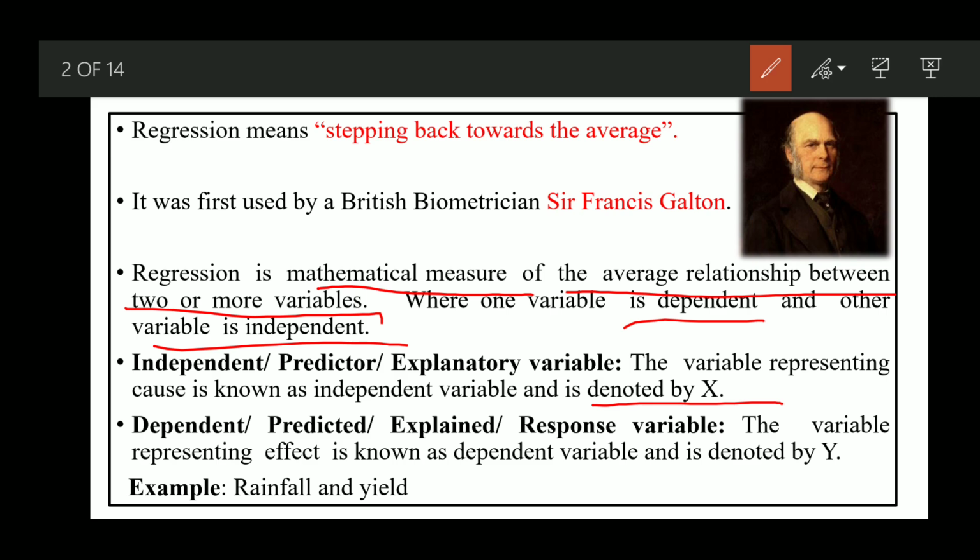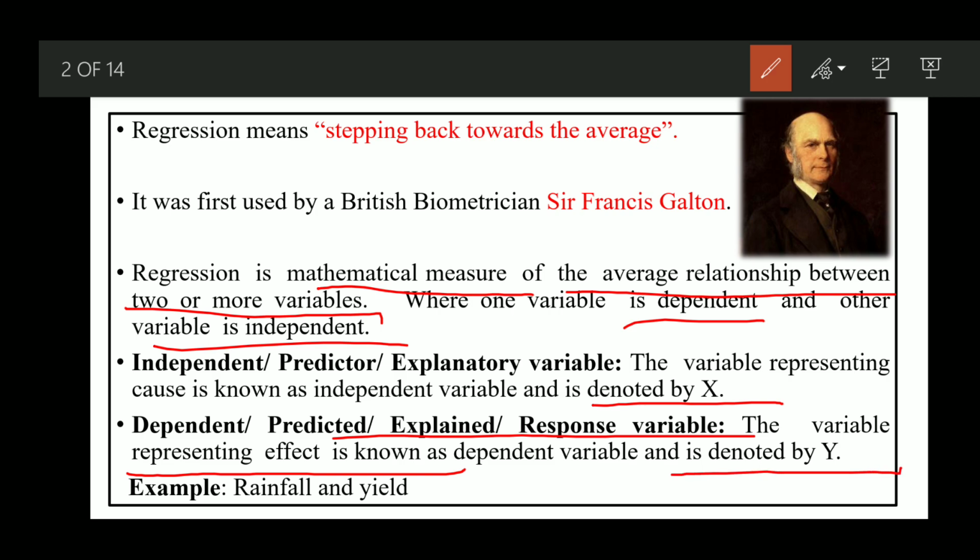The independent variable represents the cause and is denoted by x, and the dependent variable, which is also known as the predicted variable, explained variable or response variable, represents the effect and is denoted by y.